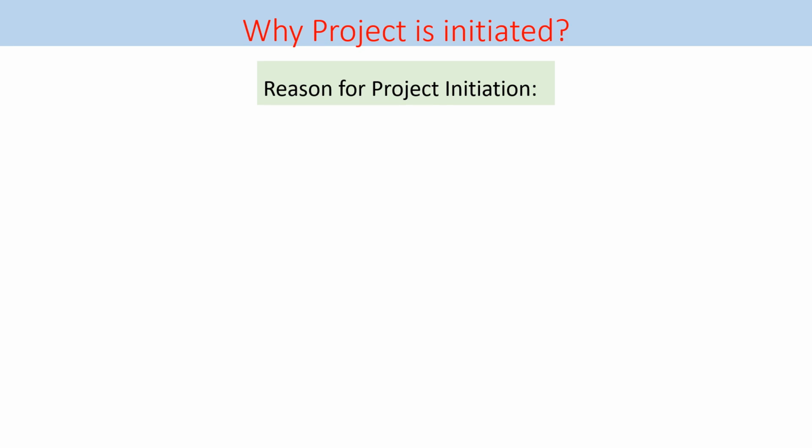There are several reasons for project initiation, different factors that make an organization initiate a project. Let us see some of them. The first one is business process improvement. If an organization wants to improve its business process or its overall system, it may initiate a project.